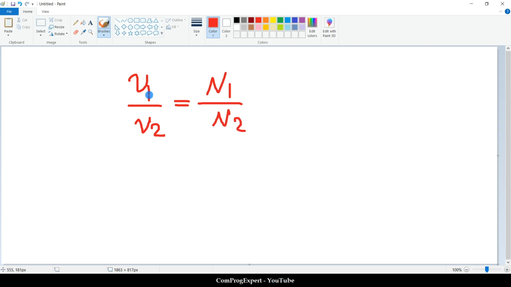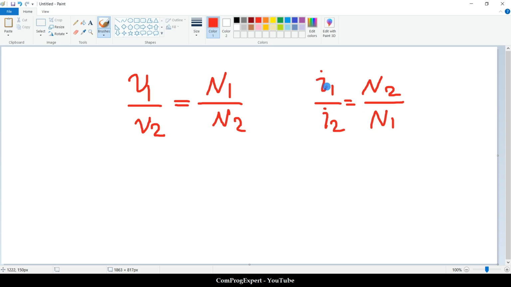The coil with a higher voltage needs a higher number of turns. And I1 divided by I2 is equal to N2 divided by N1, because the magnetomotive force generated by two coils are the same.